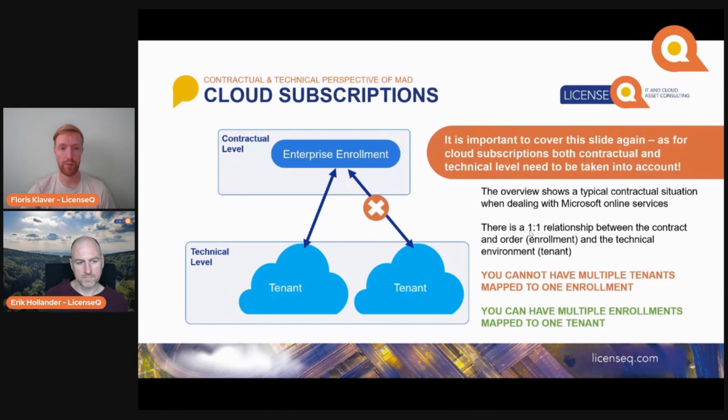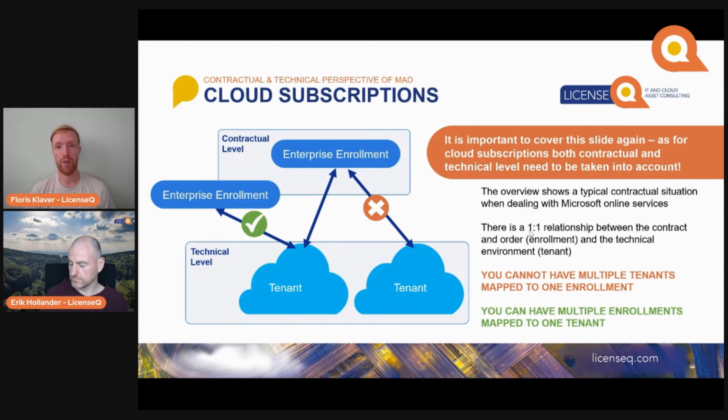Now, again, with cloud subscriptions, it's important to cover this again. For cloud subscriptions, you have both a contractual and a technical level that you need to take into account. So again, if I have one tenant assigned to an enterprise enrollment and I want to move all the data and services to a new enrollment, that is easily done when you have a contract where you can map the licenses one-to-one to the new environment.